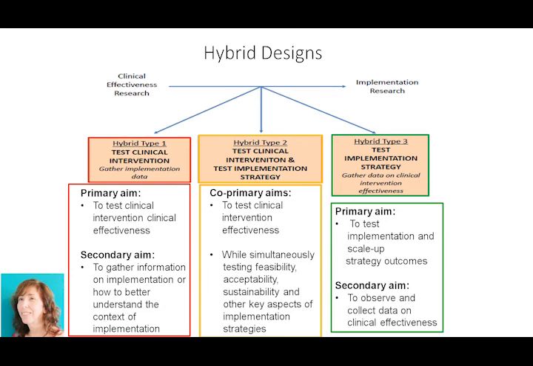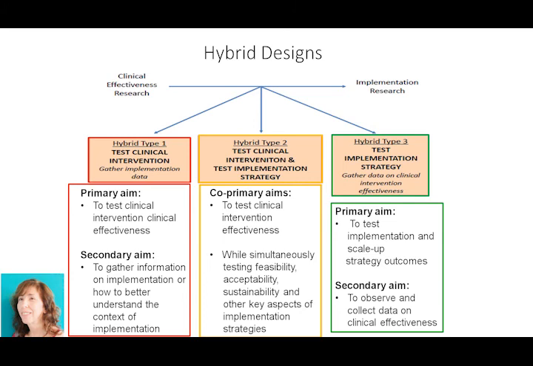These type 3 designs often compare different implementation strategies. For example, clinics might be randomized to receive different sets of implementation strategies for an intervention, perhaps varying in terms of who delivers the intervention.